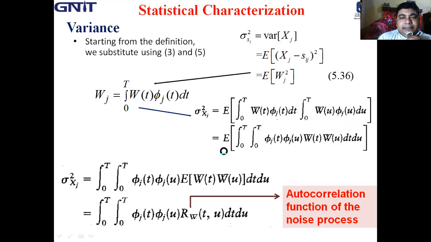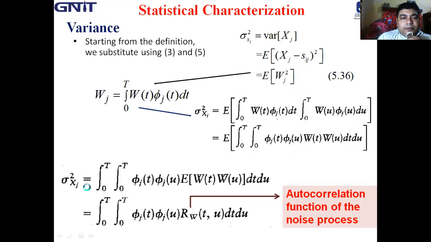Just rearranging it, the expectation of the double integration with limits 0 to T, then comes phi j(t) phi j(u), then W(t) W(u) dt du.